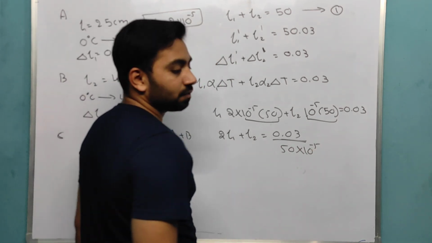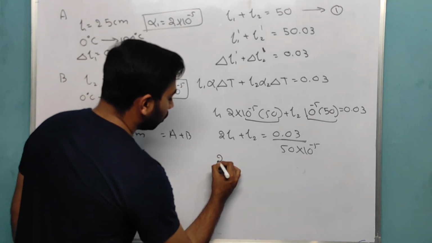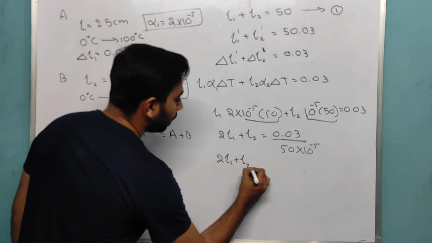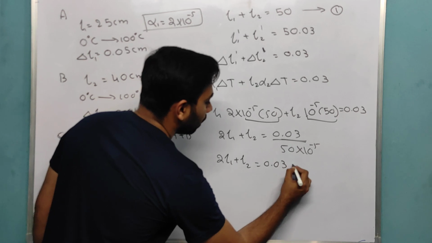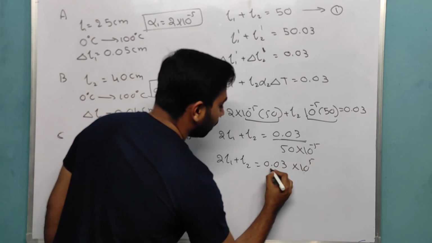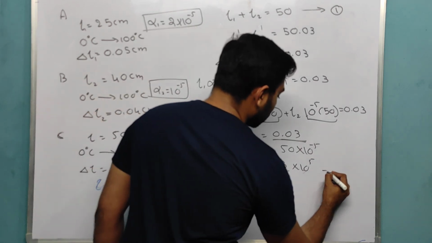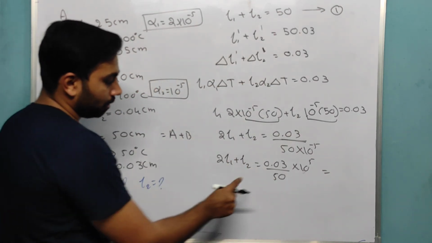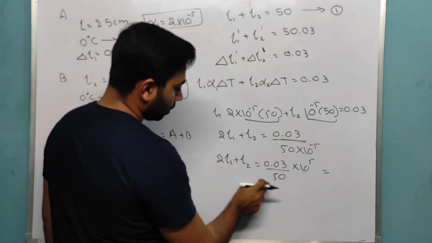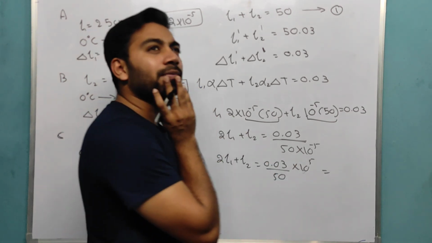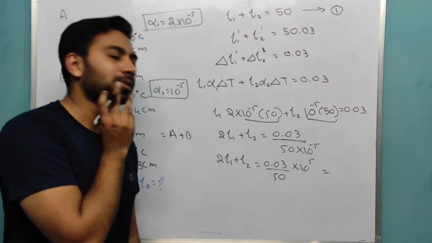Yes, I can write this. Then I will get 2L1 plus L2 equals 0.03 into 10 to the power of plus 5 divided by 50. Now if I solve this, how much will I get?